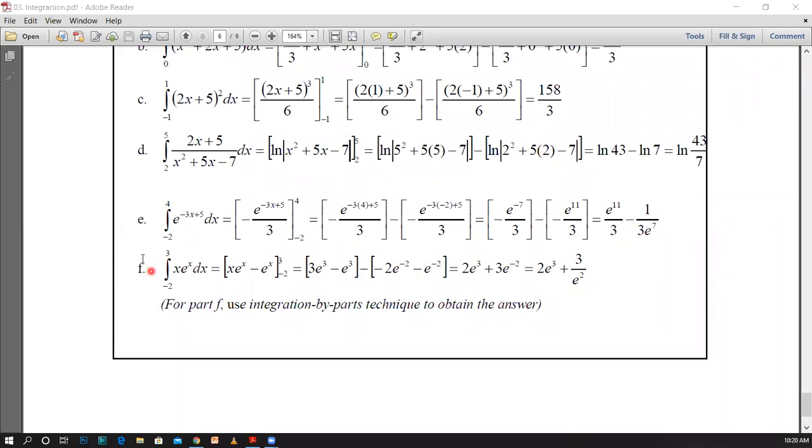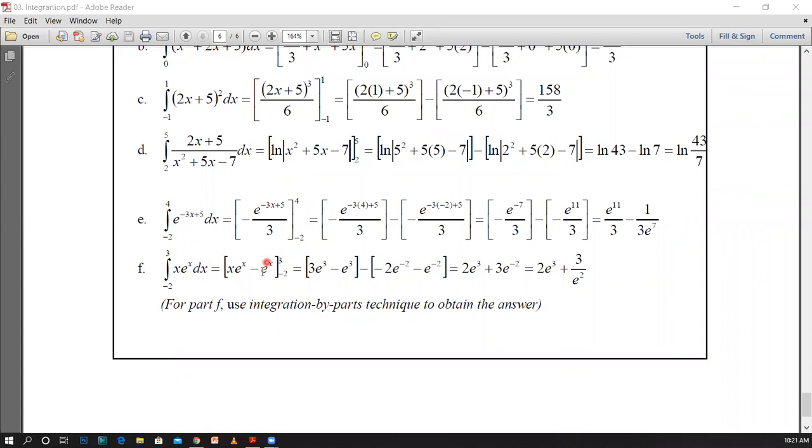In the last example, it is asked to evaluate the integral of x times e to the power x dx over the region from minus 2 to 3. First of all, I have to obtain the quantity for the integral of x times e to the power x dx. Actually, the integration by parts technique was used here.